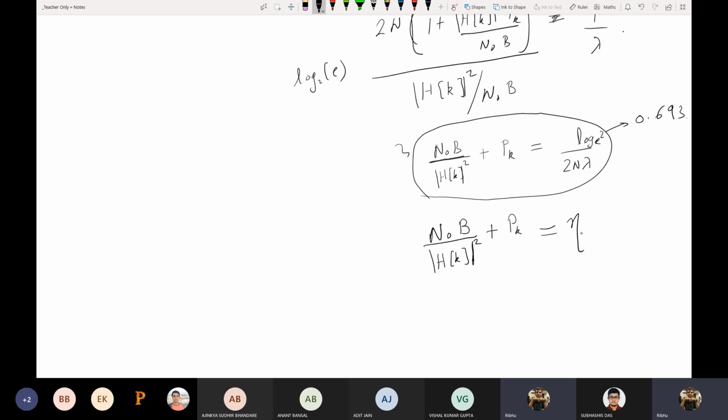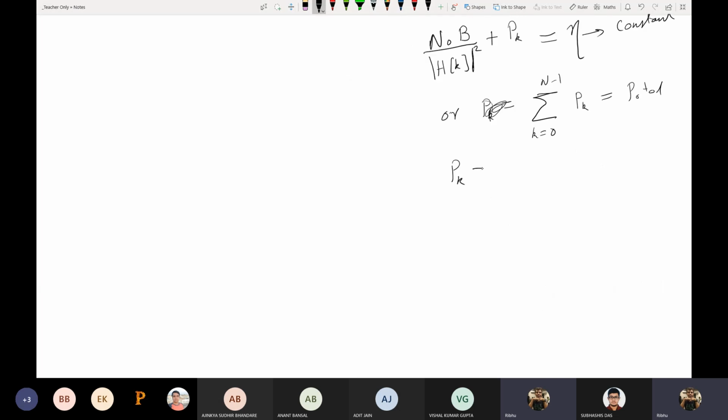Summation k equals 0 to N, PK is eta minus N naught B by HK square, right?